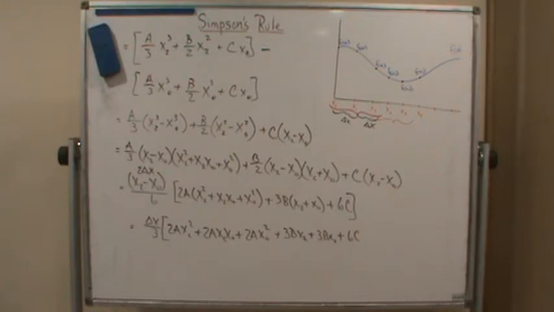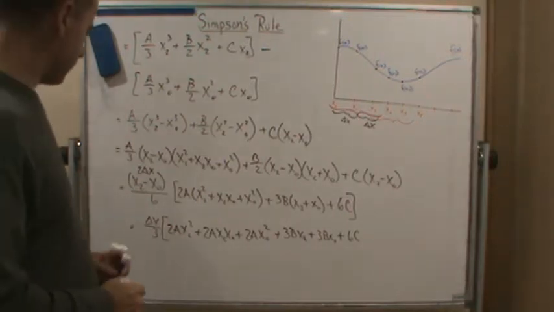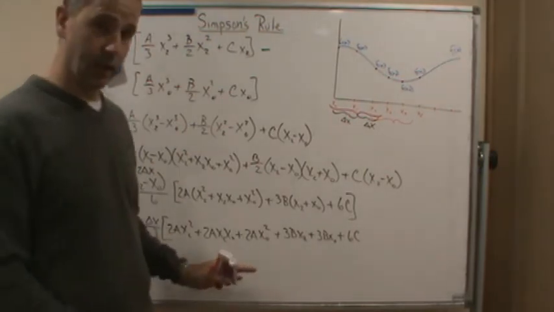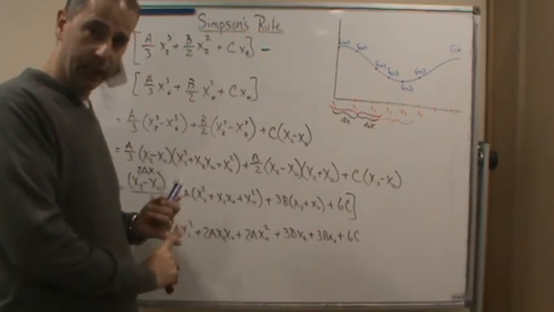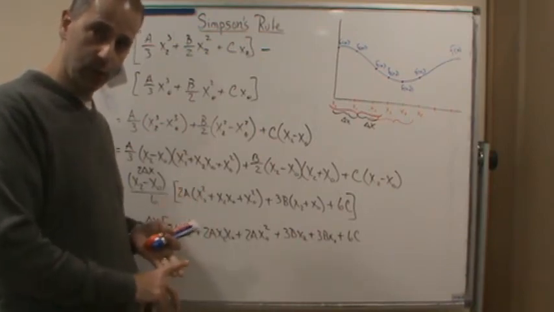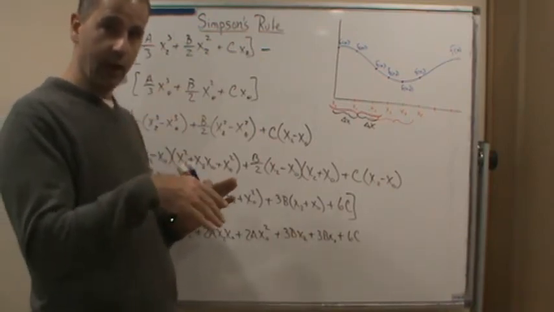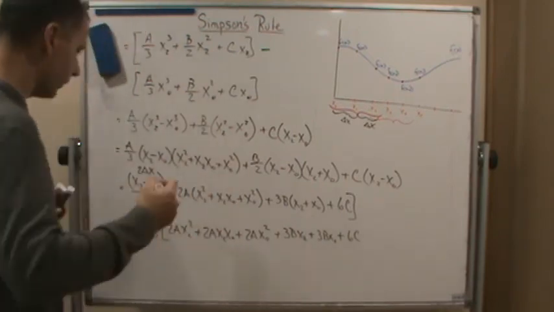Okay, so now here's where I'm going to rearrange some things. The reason why I'm going to rearrange is because if I can get polynomials with x0s together, or x2s together, I can replace those with the function, right?